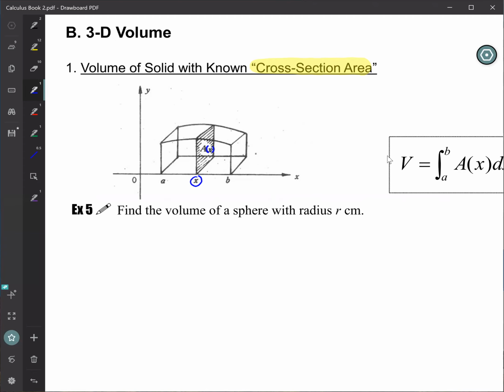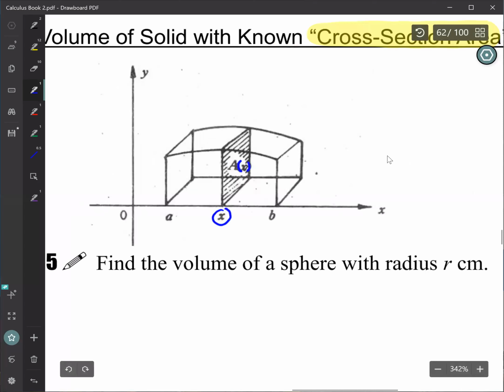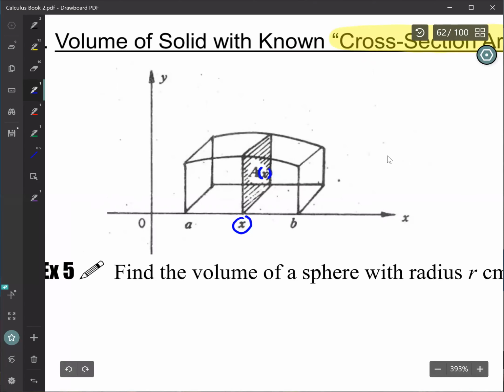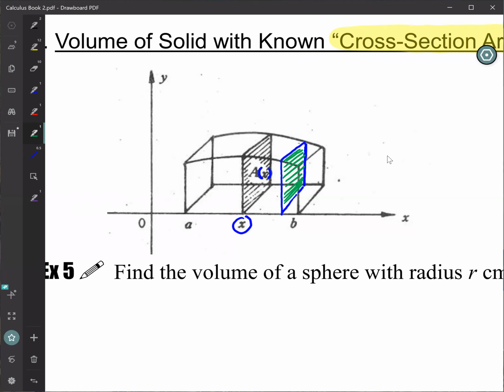For example, if I cut it towards the right side, closer to b, I make a slice cut here, then that area should be smaller than the one shaded, because as you can see the shape is bending. The closer to the right side, the smaller it gets. So it's a function of x.